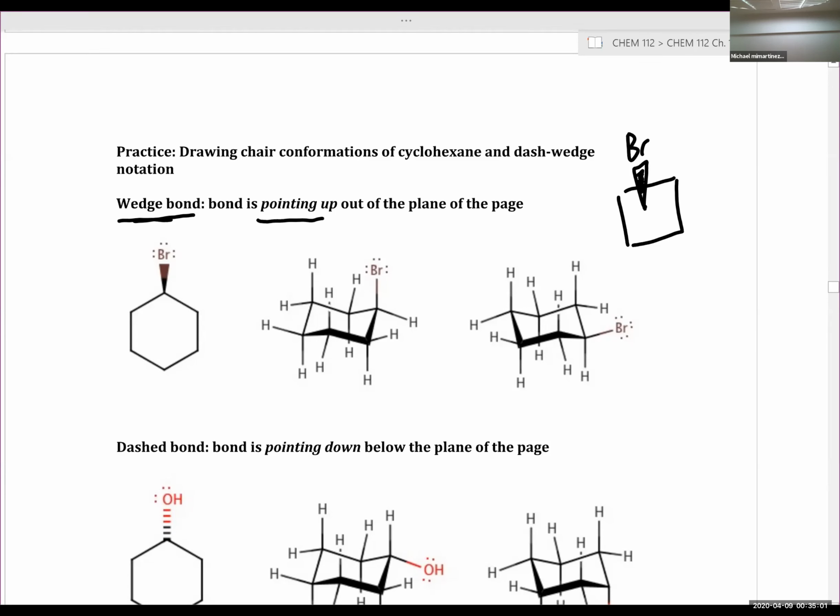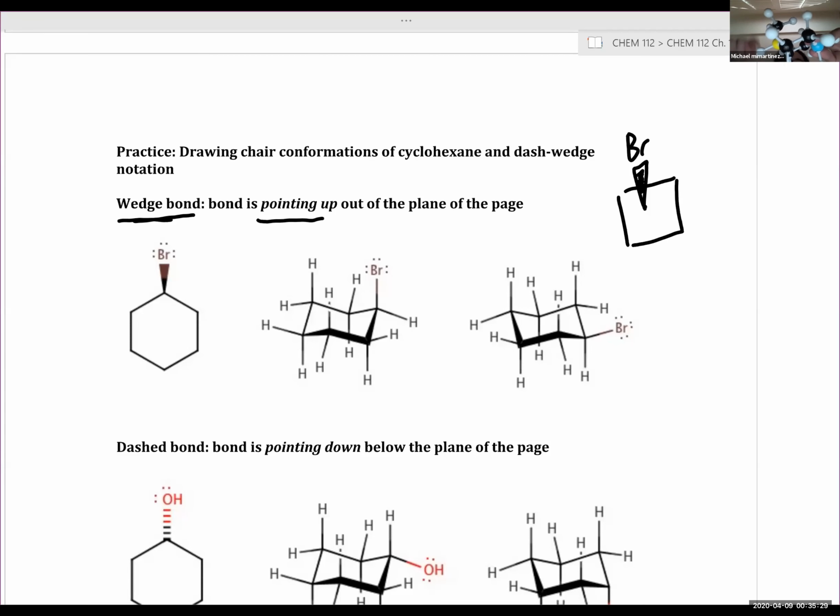So to give you an example of what a wedge would look like from a practical perspective, if we view our cyclohexane ring, this is methyl cyclohexane, my question to all of you, from your view, is this methyl group pointing above the plane of the page or below?